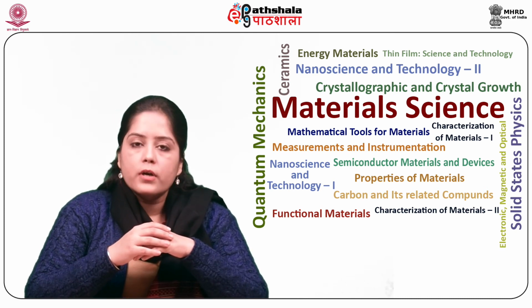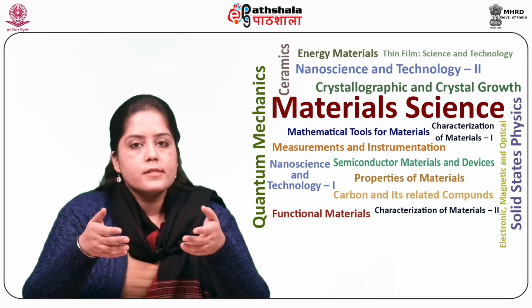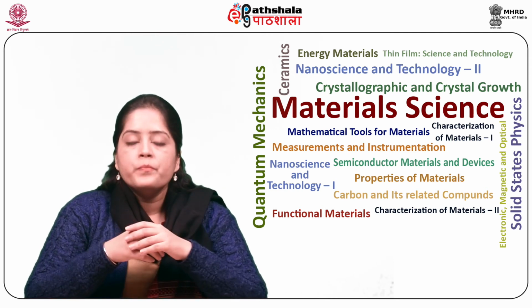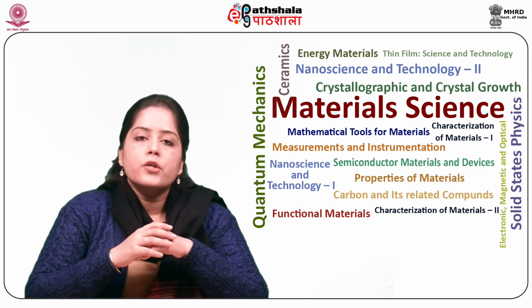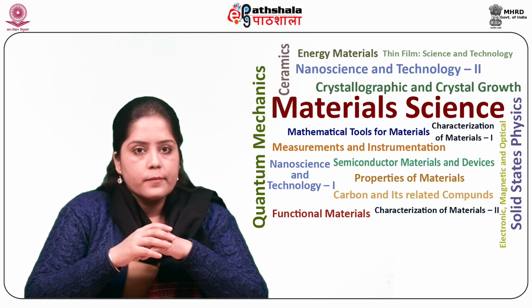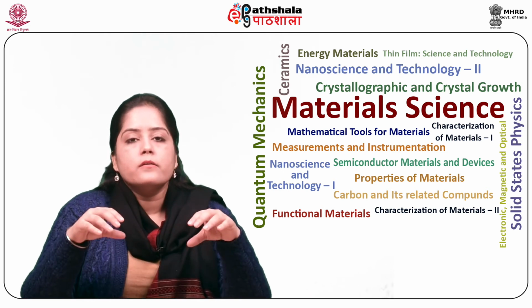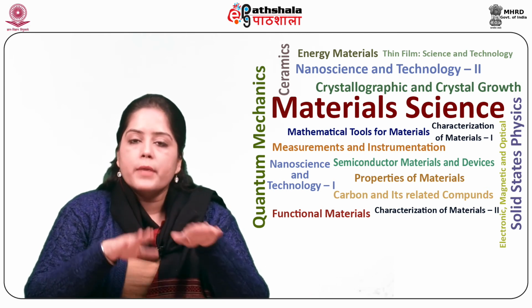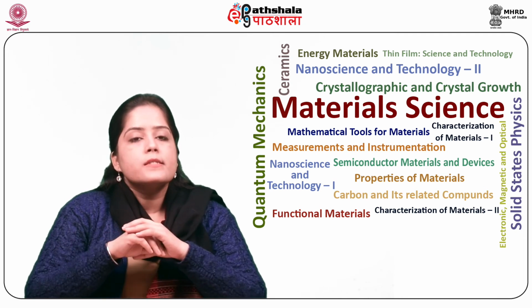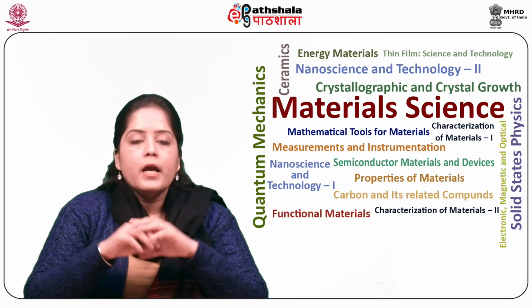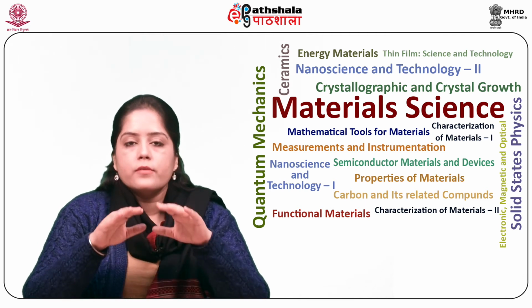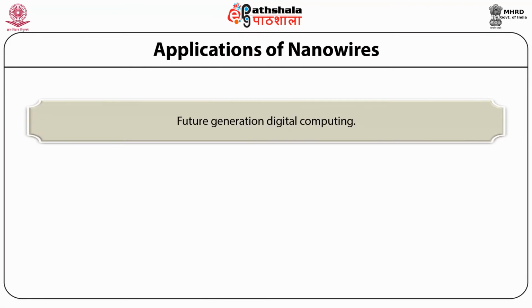This has been overcome by researchers in 2012 when the first NAND gate was prepared from undoped silicon nanowires. A silicide layer was deposited over the metal semiconductor silicon interface to obtain the Schottky barrier having low contact resistance. Future generation digital computing, they are also used in this.